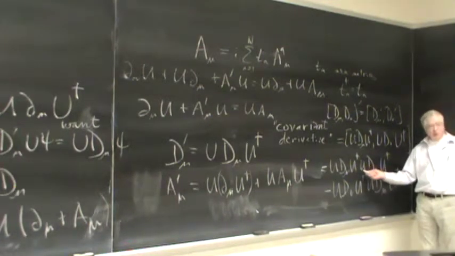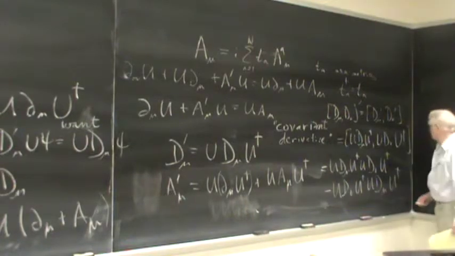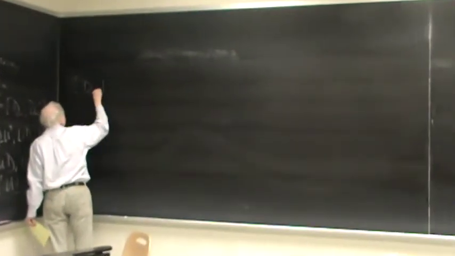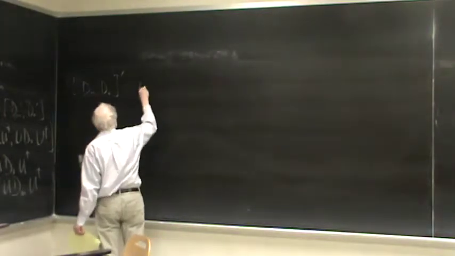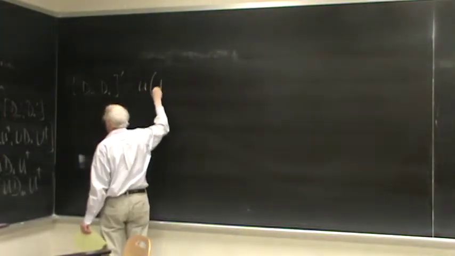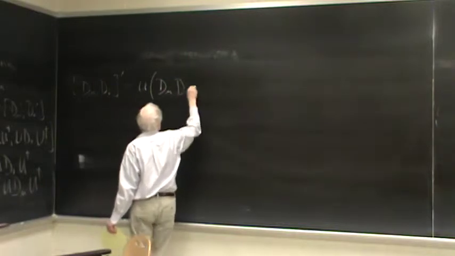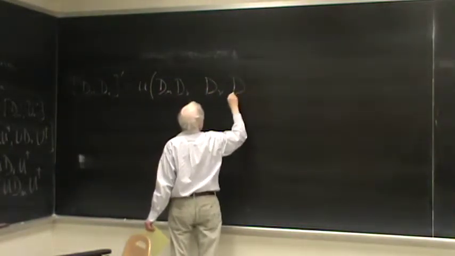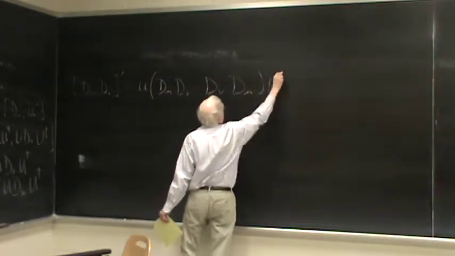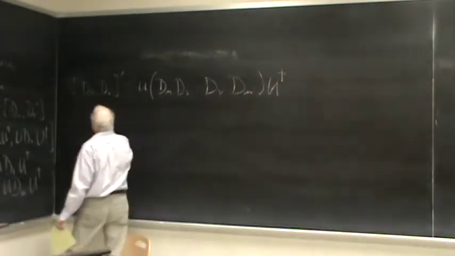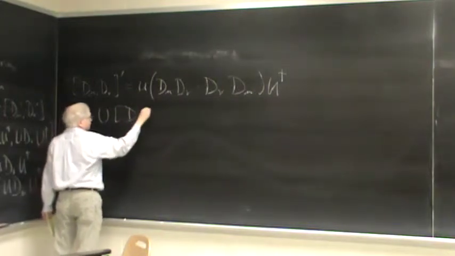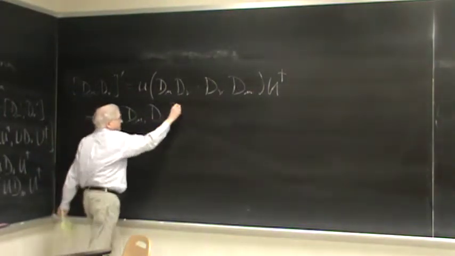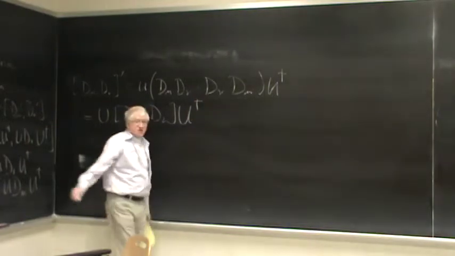Now, of course, that is 1 and that is 1. So in other words, the commutator of d mu prime, d nu prime is then u times the commutator of d mu, d nu, times u adjoint.